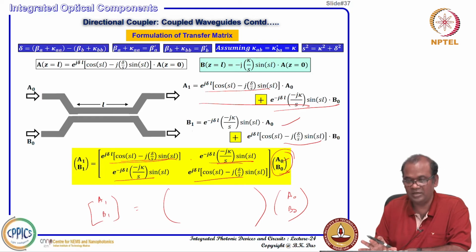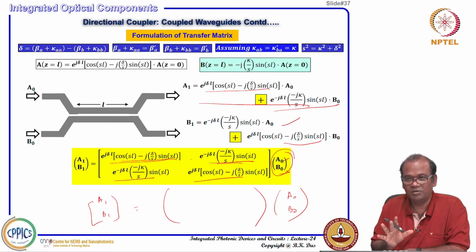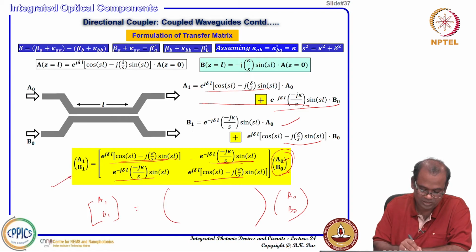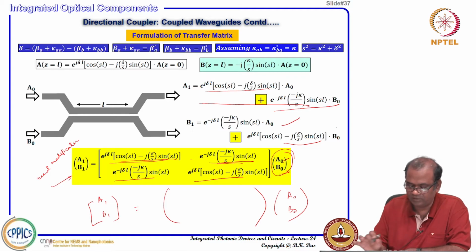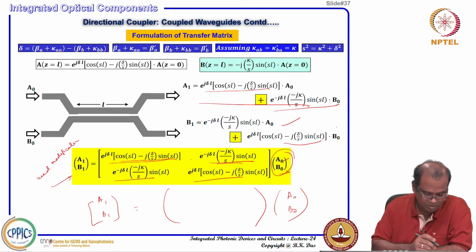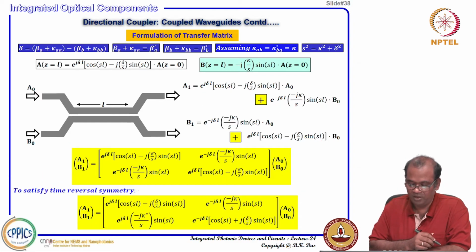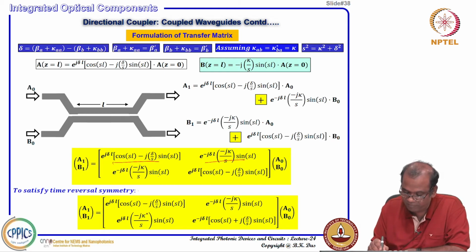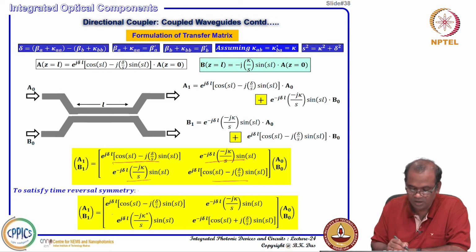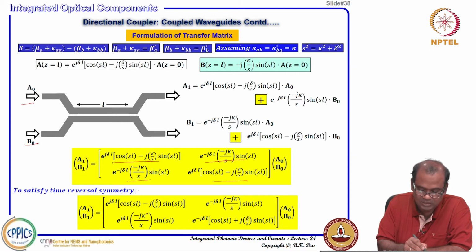So far it is good, but a little modification is required. Why? Let me clarify. Whatever we have discussed so far, we get directly, and this is good. Now, we need to satisfy time reversal symmetry. You see all these elements are complex. We are launching from this side and this side.